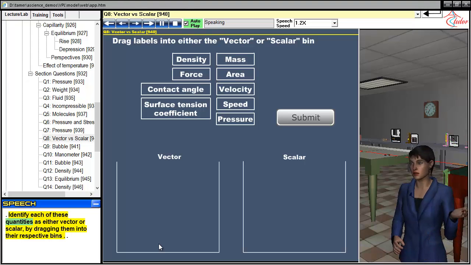Identify each of these quantities as either vector or scalar by dragging them into their respective bins.